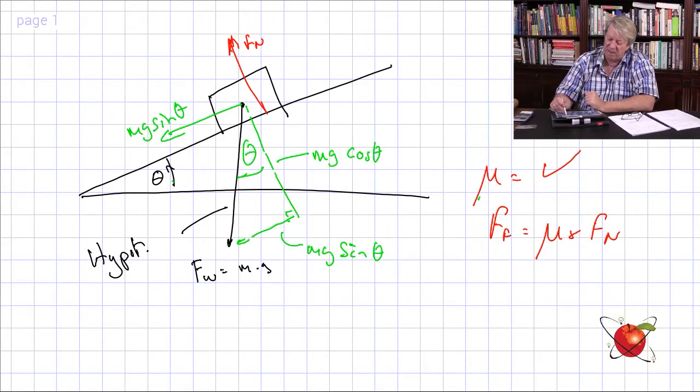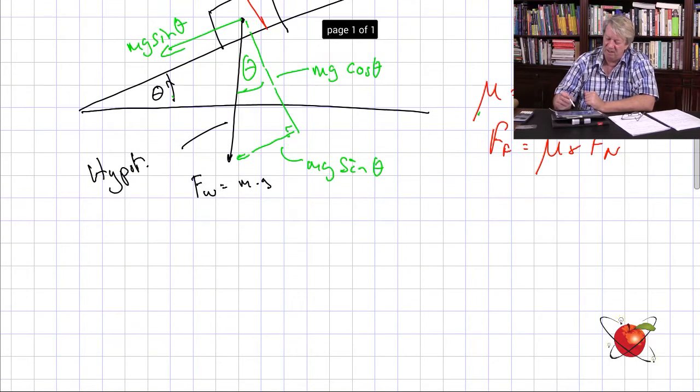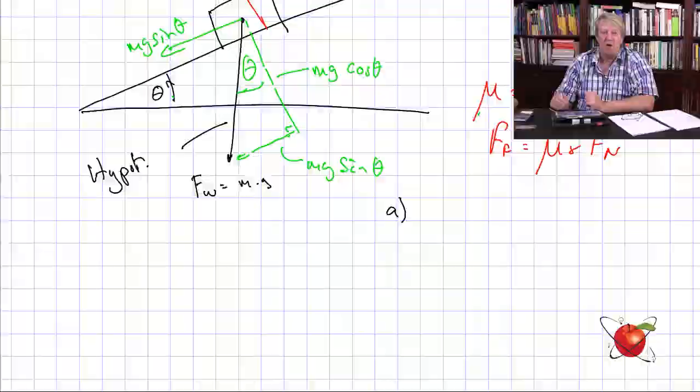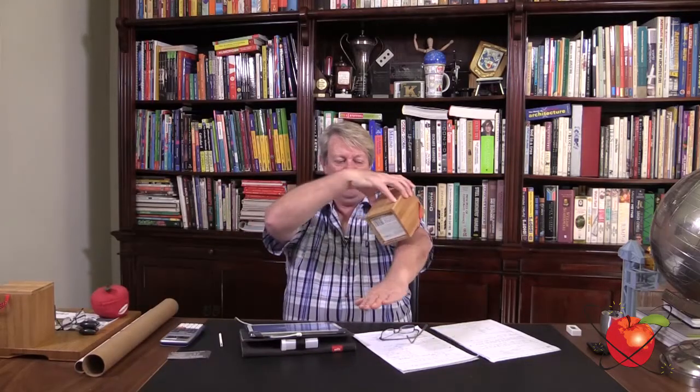Because the questions they can ask are as follows. Part A. Let's think about this logically. The box is on the slope, and it's going to move down. Nothing's holding the box up.